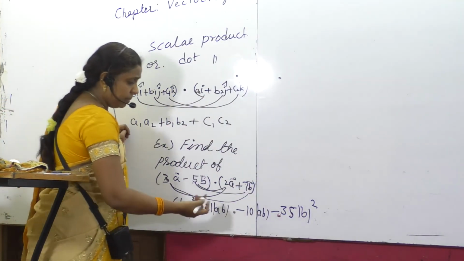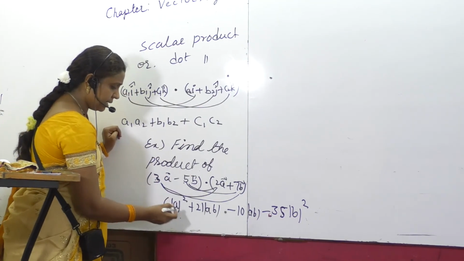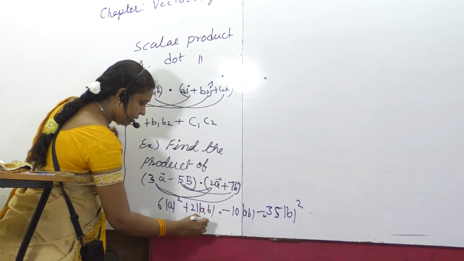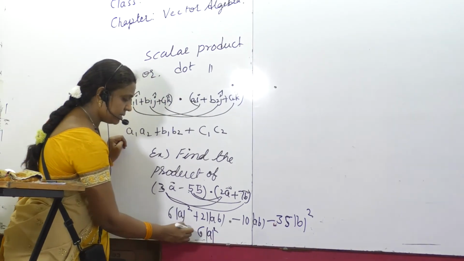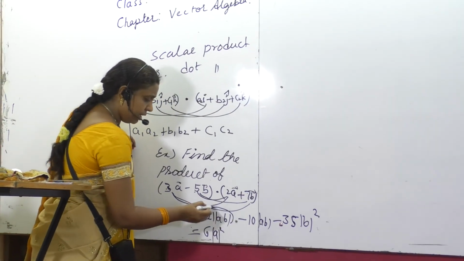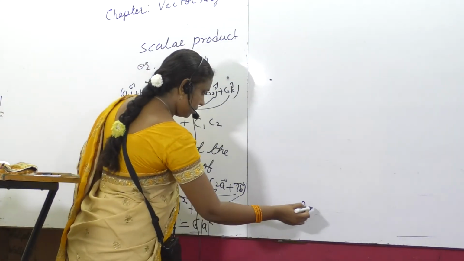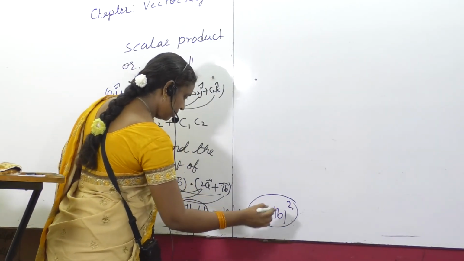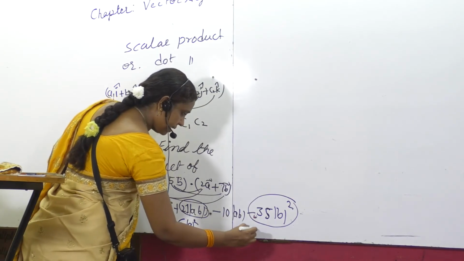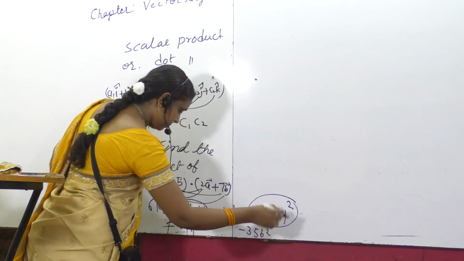Now we will be segregating the like terms. 6a square, this is only one term, so let it be as it is. Check with this, 21ab and minus 10ab. Okay, this is different, no? I will put minus 35 b square. This is different.